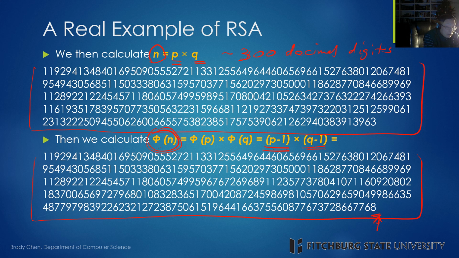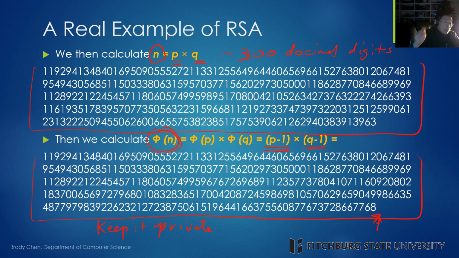Now you have to keep that number secret. Also, you need to keep P and Q private, because if you tell people, these are the two prime numbers I used to generate my n, then people who have P and Q can generate n. They can find out what phi of n is.